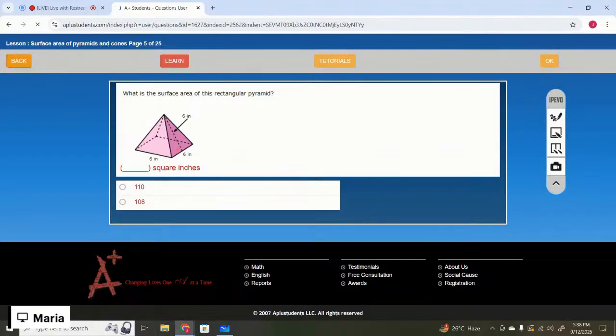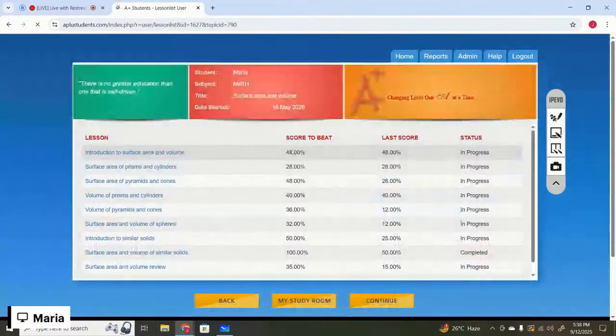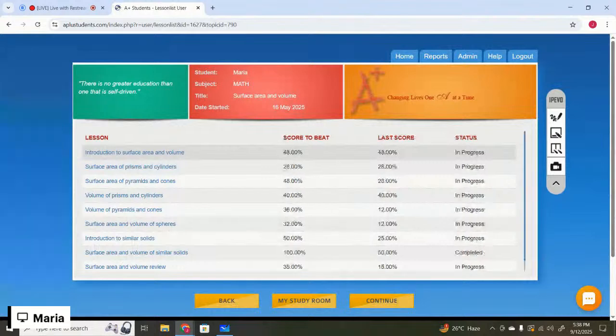Okay, you can complete the lesson by yourself later today. So we were working on grade 10 math. The chapter we were working on is surface area and volume.